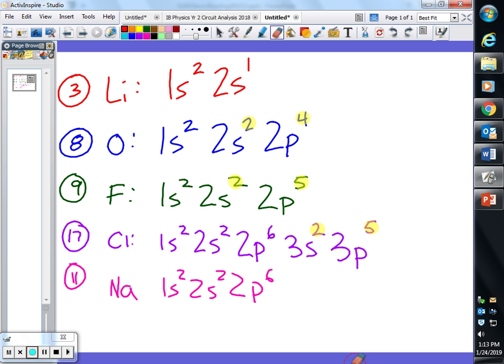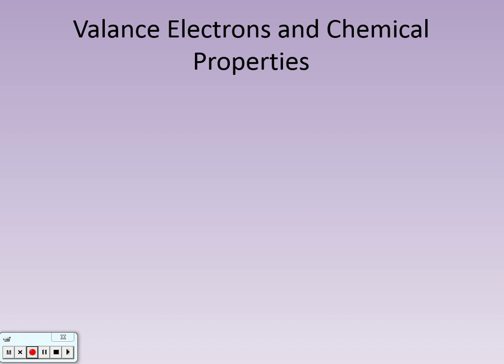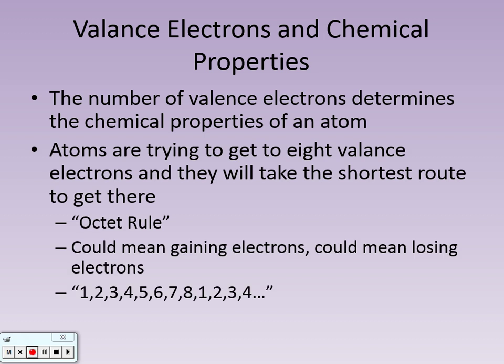They're in the 2nd level, but it's got 8 now. Okay? So what we find is that getting to 8 depends on which way you go. Some atoms like to gain electrons to get up to 8 valence electrons, but some atoms will lose electrons to go back down to 8.